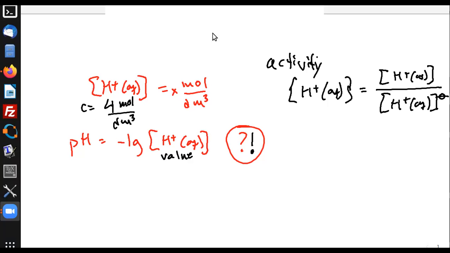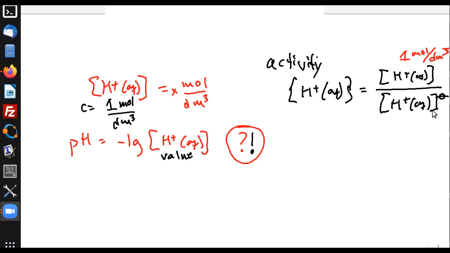Or why make such a strange value? Say it's 1 mole per cubic decimeter. Then what is the activity of this solution? Well, it is 1 mole per cubic decimeter.